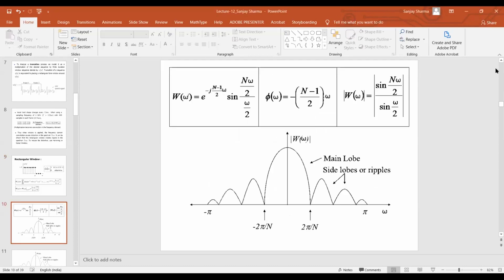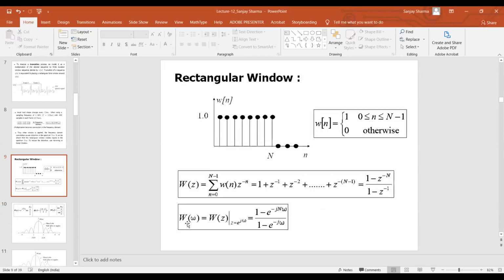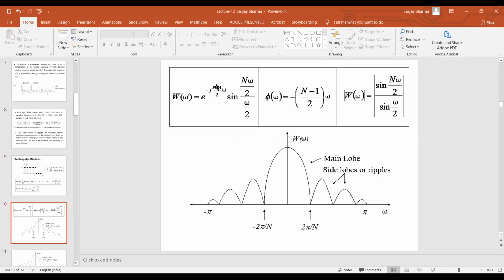Now I do some modifications in the expression because I want to know the magnitude response and the phase of this frequency response that I have obtained. The procedure remains the same. Half of the exponent you take out from the numerator, half of the exponent you take out from the denominator also, and you will be left with the term e to the power minus j (N minus 1)/2 omega, times sine of N omega by 2 divided by sine of omega by 2, using Euler's formula, which is basically a sinc function.